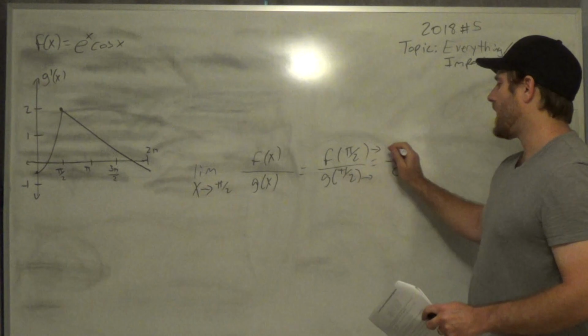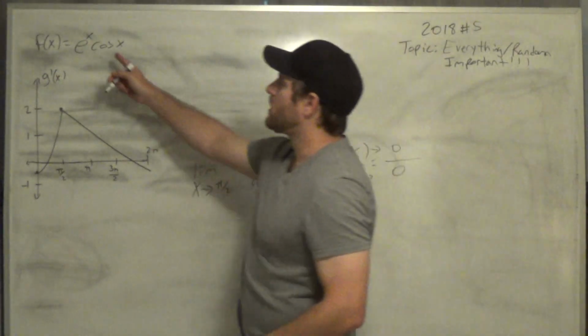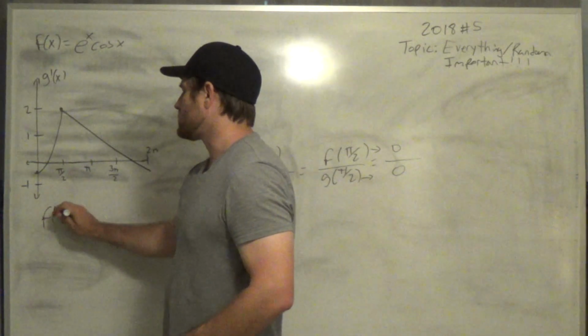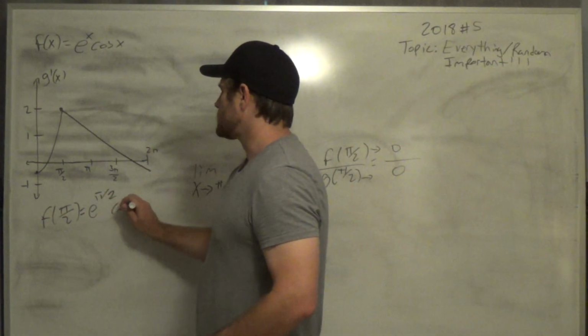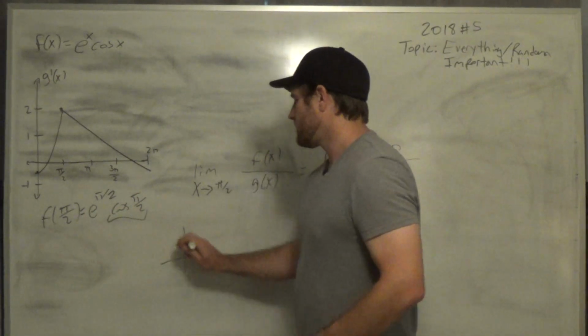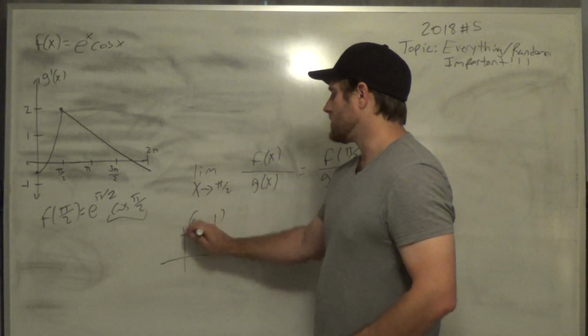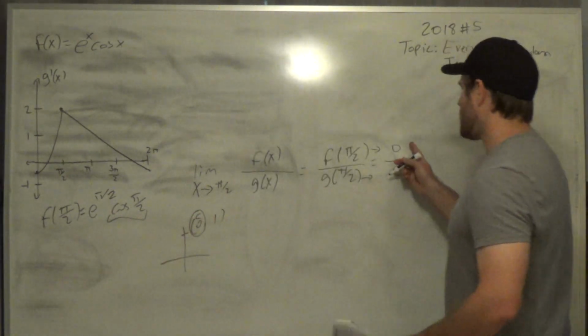I know f of pi over 2 is 0. If we plug pi over 2 in here, f of pi over 2 is e to the pi over 2 times cosine of pi over 2, and cosine of pi over 2 is the x coordinate here of 0. So anything times 0 is 0.